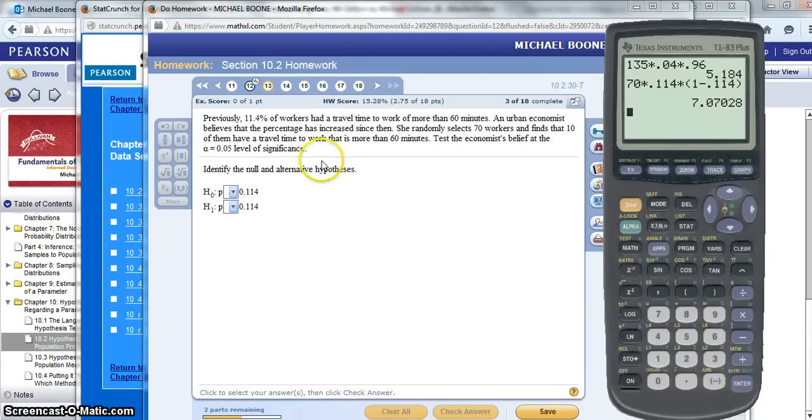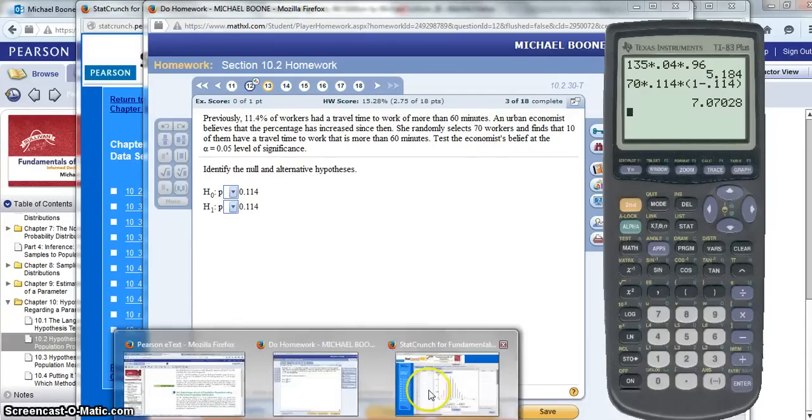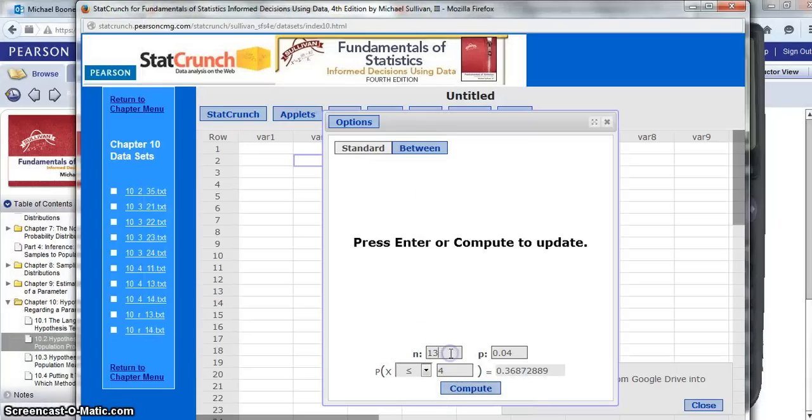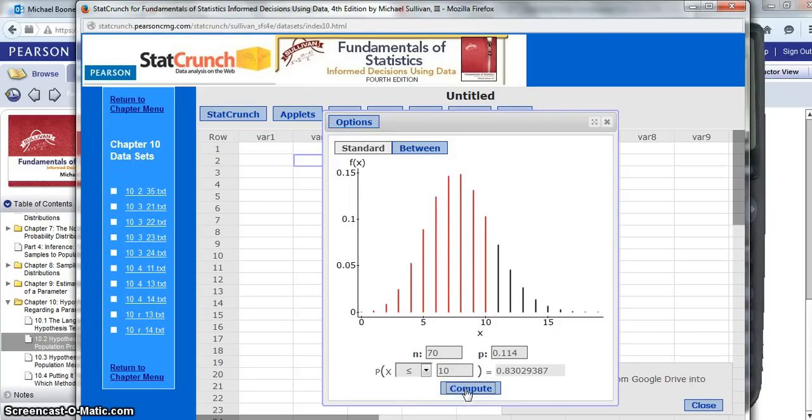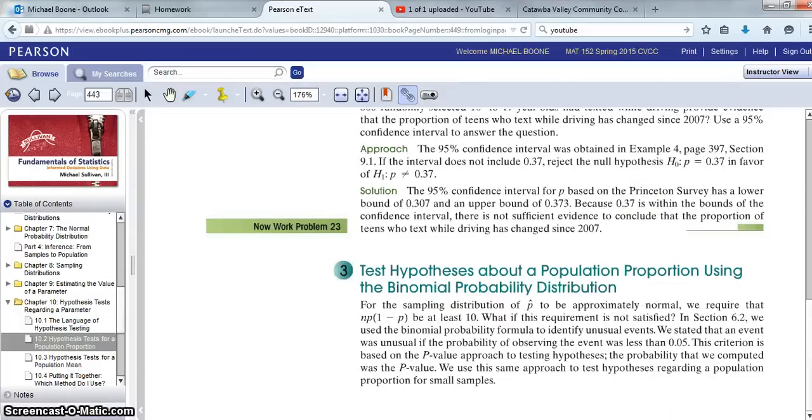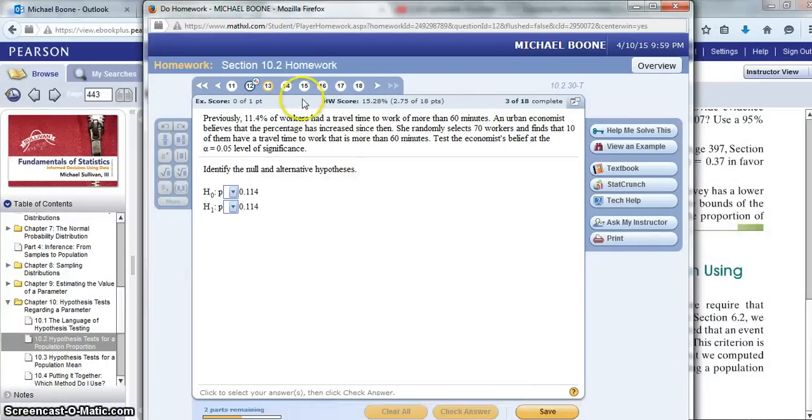So again, it was 10 out of 70 and 11.4%. So when we go to our calculator, we would say 70, 0.114 and 10. And that's how we're going to find our p-value. 0.830. So those are the ones you kind of got to look out for.